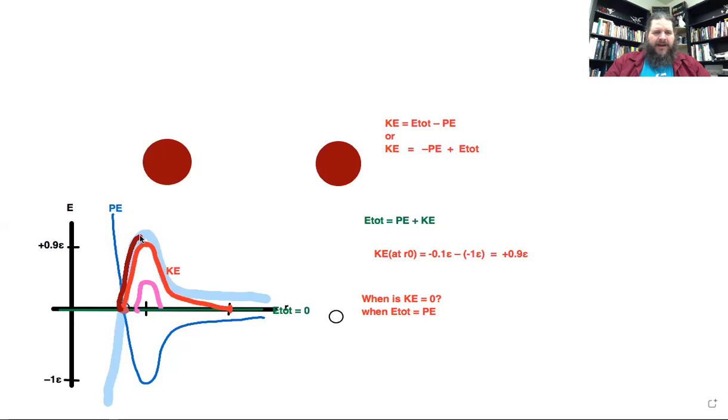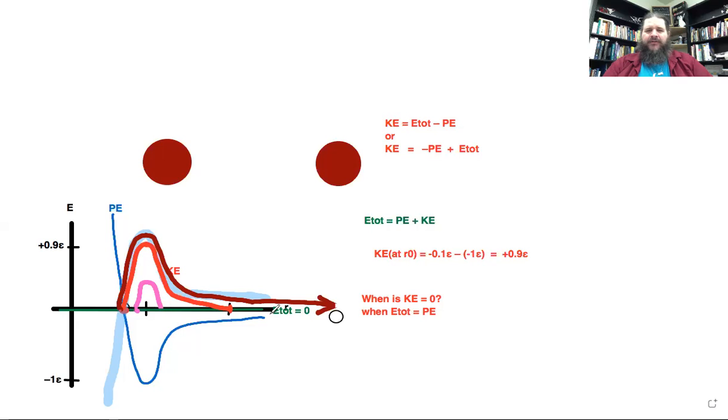It still hits a maximum kinetic energy, which would now be positive 1 epsilon. And it still decays towards an asymptote, but since it never reaches 0, the kinetic energy graph is going to keep going. So these particles are now unbonded. They can just keep drifting further and further out. They'll get slower and slower, but they never actually come to a stop. There's no furthest distance they can reach. So this would be unbonded.